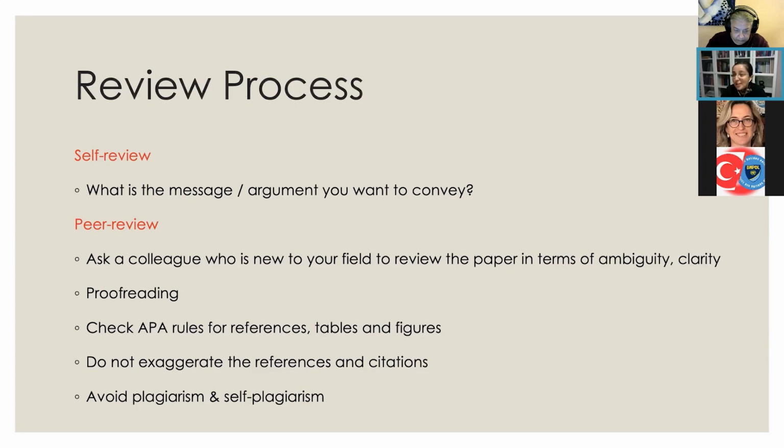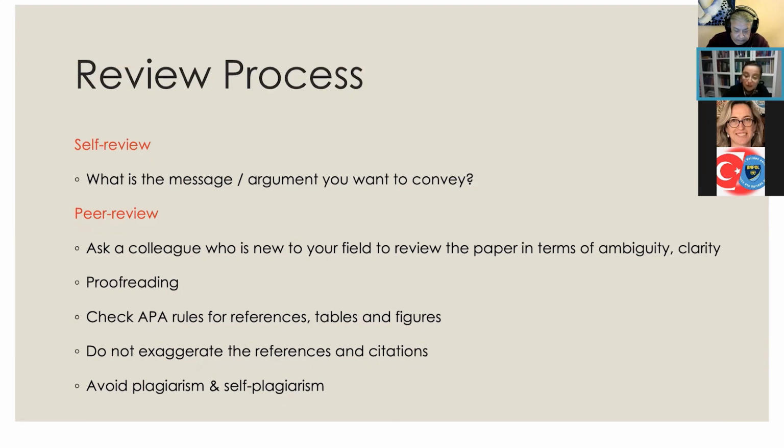So they warn us to reduce the number of studies we have used in our paper, which can also be one of the sources for criticism. And of course, more important than everything, please avoid plagiarism and self-plagiarism. In the peer review, your partner or colleague may check for plagiarism or self-plagiarism.